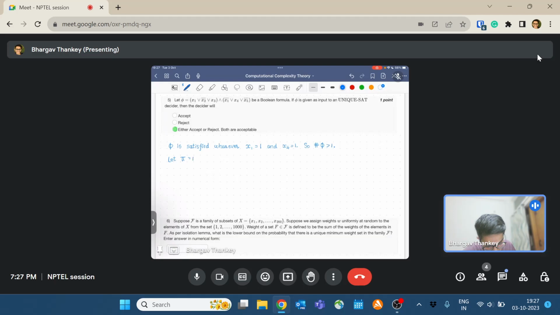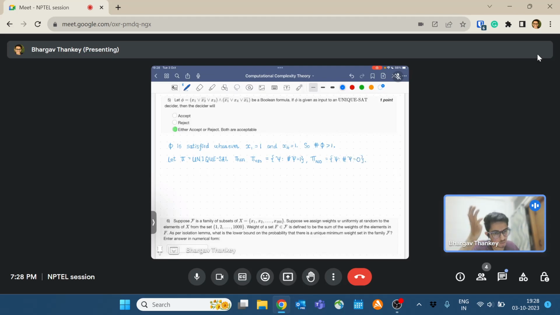pi be unique set, then pi yes is the set of all formulas psi such that #psi equals 1, and pi no is the set of psi such that #psi equals 0.